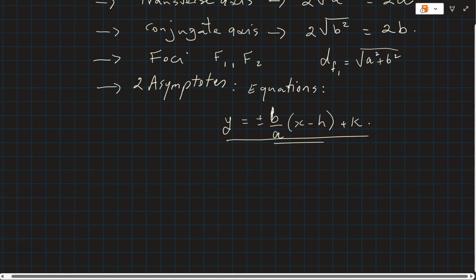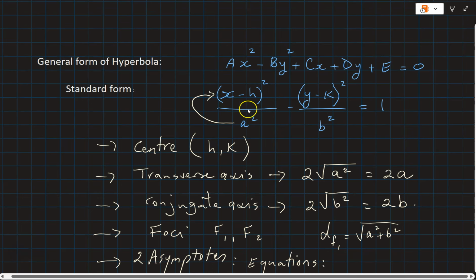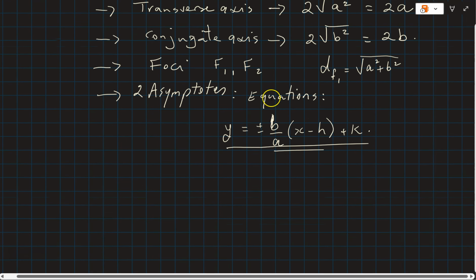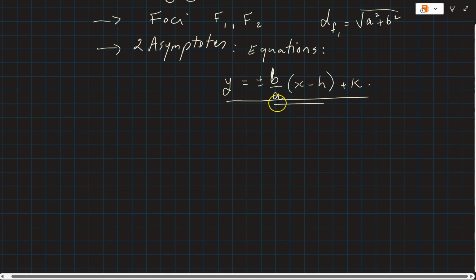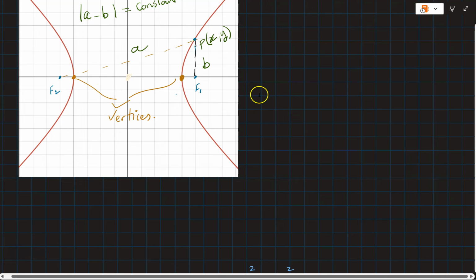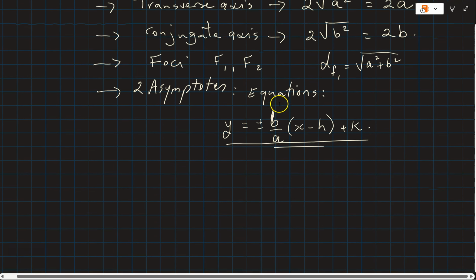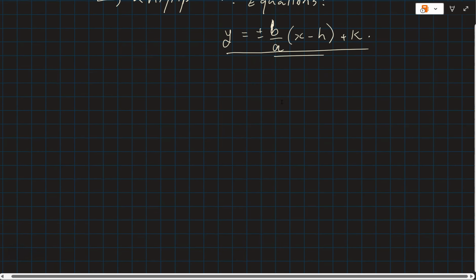Now, regardless of what type of hyperbola you have, horizontal hyperbola or vertical hyperbola. What you see as an example is a horizontal hyperbola. The vertical hyperbola will look like this.